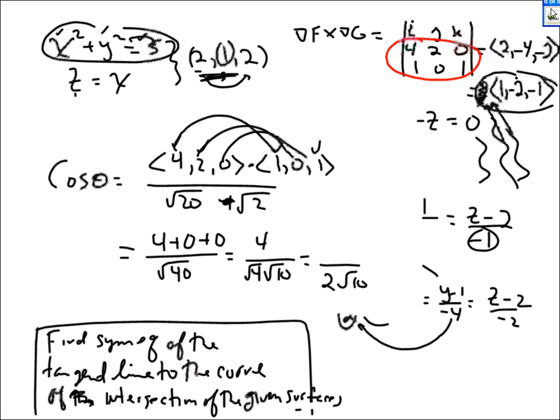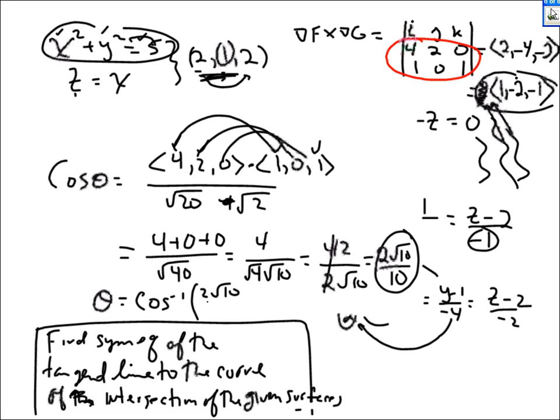We just have 4. And 2 goes into 4 2 times, so we get 2 over square root of 10, which is 2 square root of 10 over 10. That's the cosine of the angle. So the angle would be the cosine inverse of 2 square root of 10 over 10.